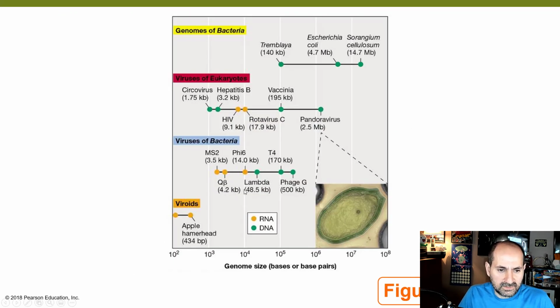And this chart here summarizes different viruses based on the length or the size of their genomes. Remember, the Circovirus being only 1.75 kb, whereas the Pandoravirus 2.5 megabases here, which is larger than some bacterium and about half of the amount of DNA for an E. coli, believe it or not.